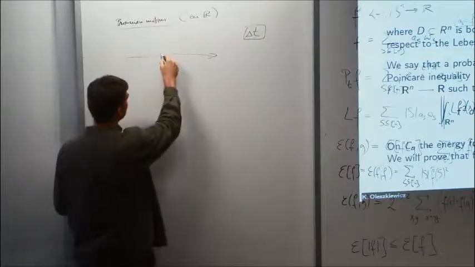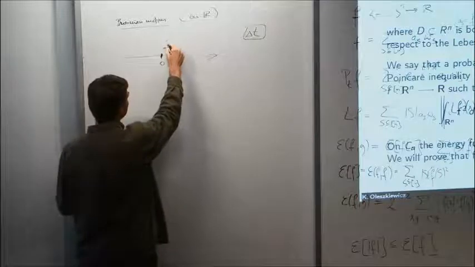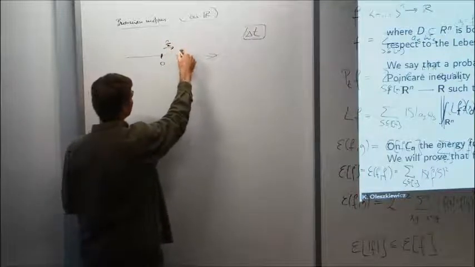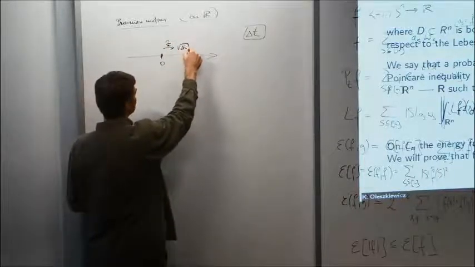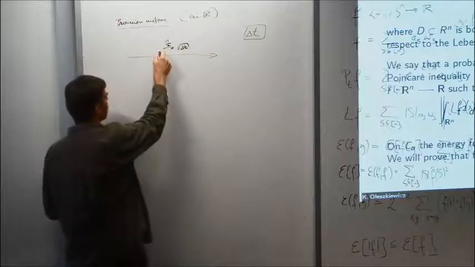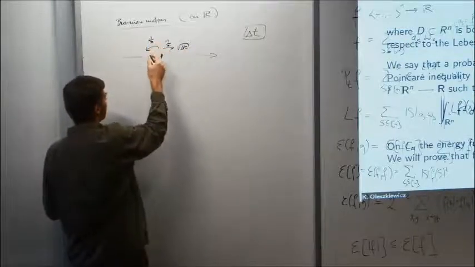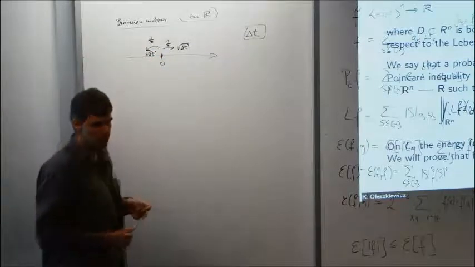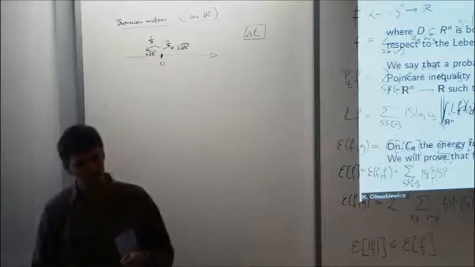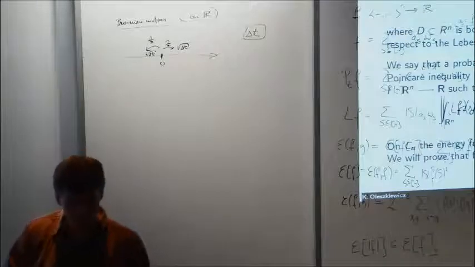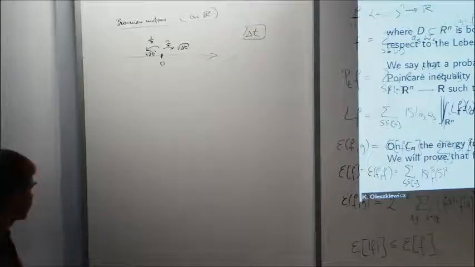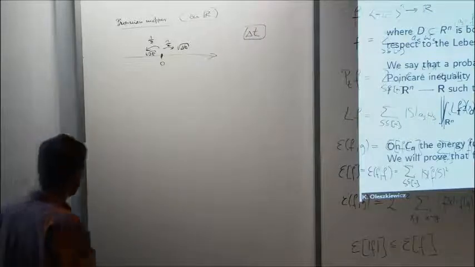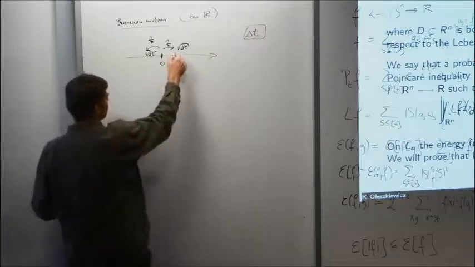What we do is, we are at some point, and then with probability 1/2, we move to the right by a distance of square root of delta t, or we move to the left with probability 1/2 by a distance of square root of delta t. This square root normalization, this scaling, is actually the appropriate one. Other powers wouldn't work that nicely. Okay? And then we just do the random walk.